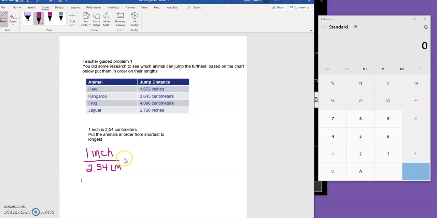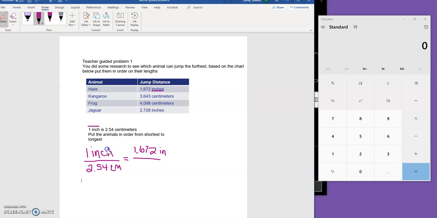When we're making an equivalent rate, we can write this as a fraction. And for the hare, we know that it is 1,672 inches. The reason I'm deciding to convert the hare and the jaguar instead of the kangaroo and the frog is because my unit rate is given to me with 1 inch, so we want the 1 to match up with the unit we're given.